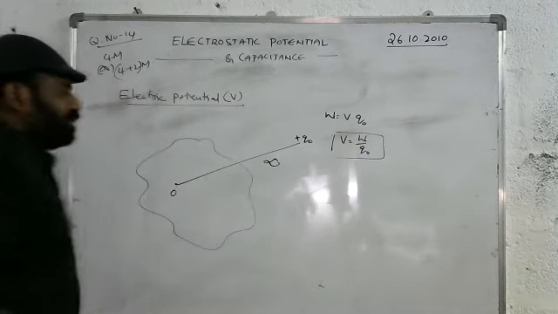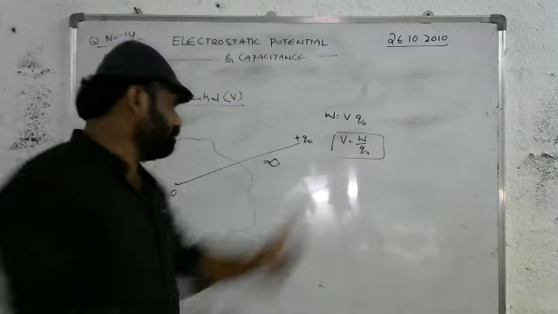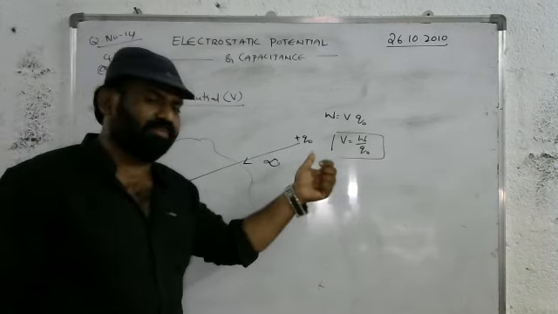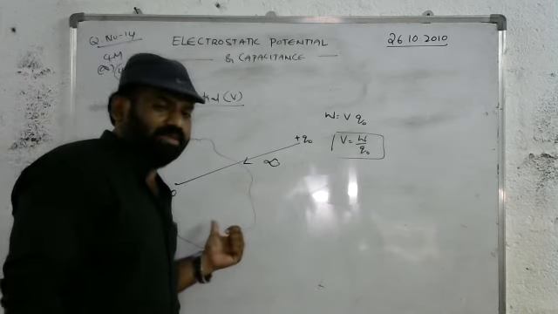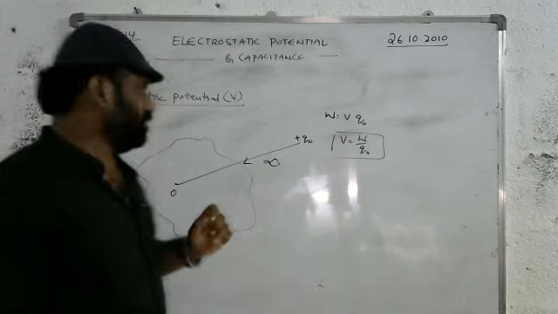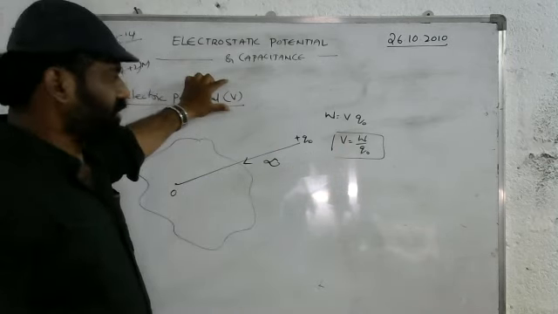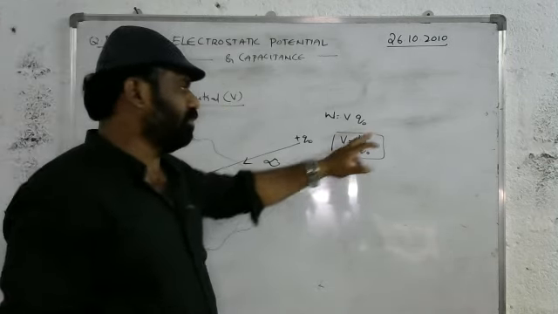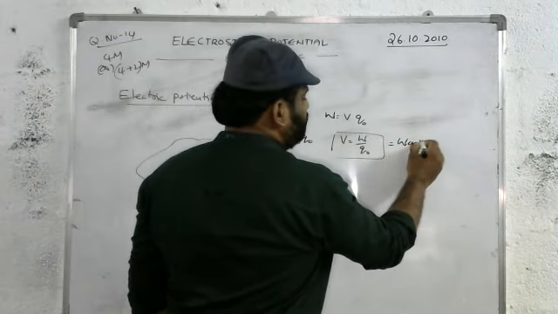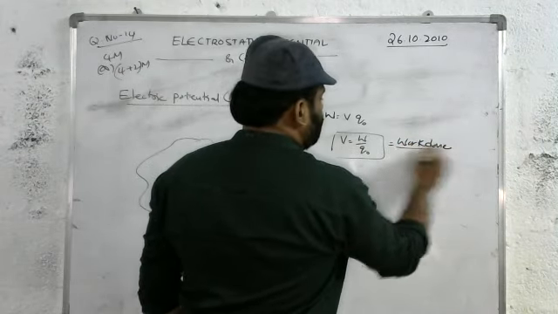What is an electric potential? The work done to bring a unit positive test charge from infinity to a point in the field is called an electric potential, represented by the letter V. V is equal to W by Q, where W is the work done and Q is the charge.